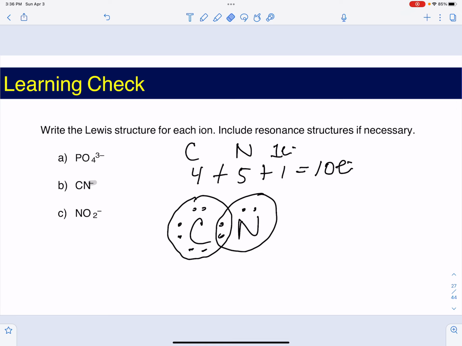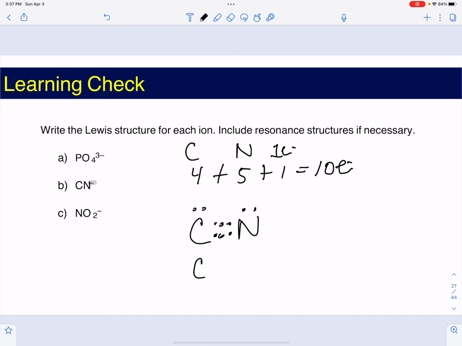The way we're going to fix that is by taking these 2 electrons and these 2 electrons and moving them in there, and taking these 2 electrons and moving them in there also. In other words, we did this: carbon, triple bond, nitrogen, lone pair.